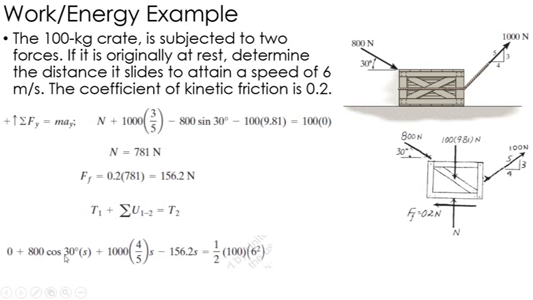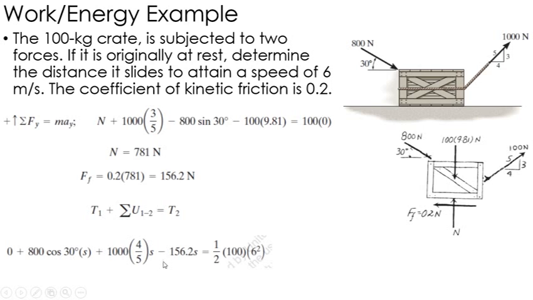So I'm going to have 800 cosine 30 times the displacement, S, that I'm looking for. I'm going to have 4/5 times 1,000 times the displacement, S. Those two forces are positive because those are what are creating the displacement. It's doing positive work. Those forces are in the same direction as the motion. As opposed to friction, which opposes the motion, acts to the left, while displacement is to the right.